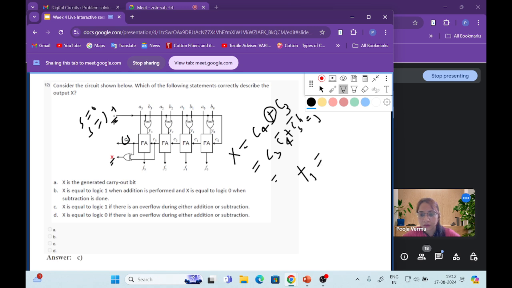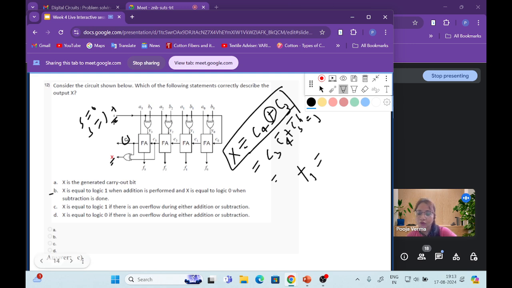But x is not logic 1 only when addition is performed; it is c3 XOR c4 in both cases. This operation will be performed, c4 XOR with c3, whether it is addition or subtraction, in both cases, because the circuit is the same. So this option is also not correct.